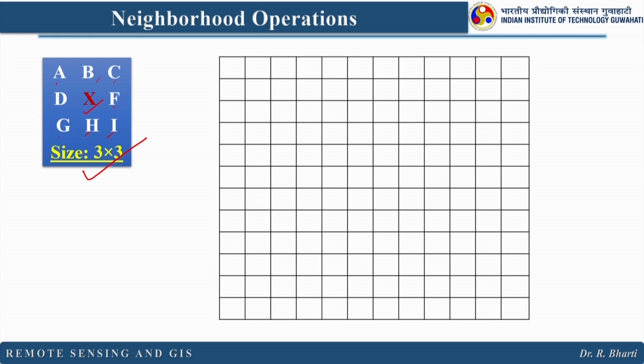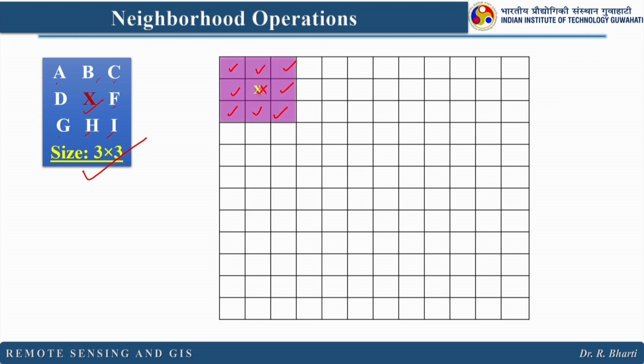First let us decide what size of kernel you want to apply. In this case we are using 3 by 3. So 3 by 3 means 1, 2, 3, 4, 5, 6, 7, 8, 9. Basically this is my central pixel, whose new value will be calculated now.